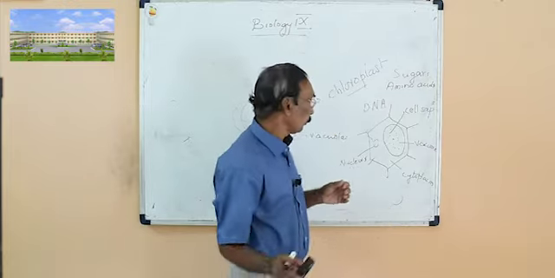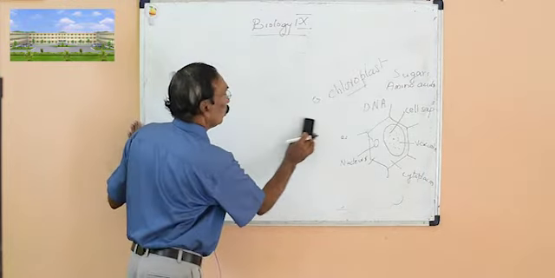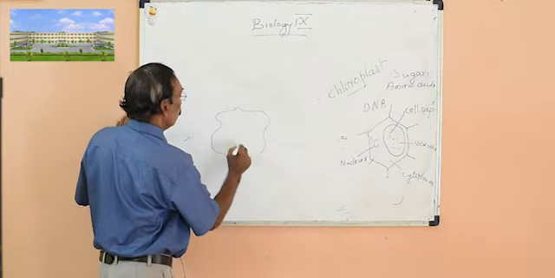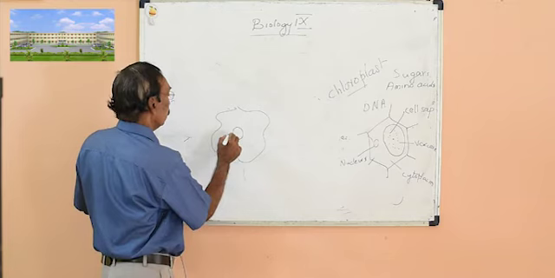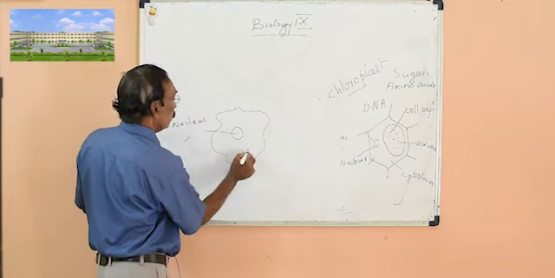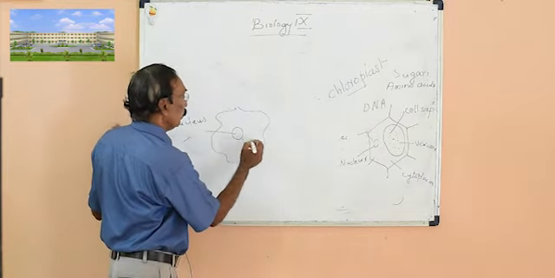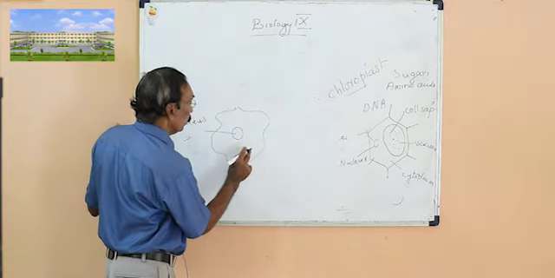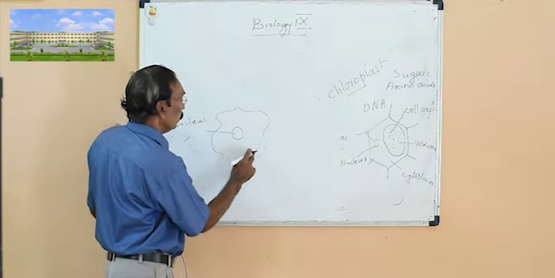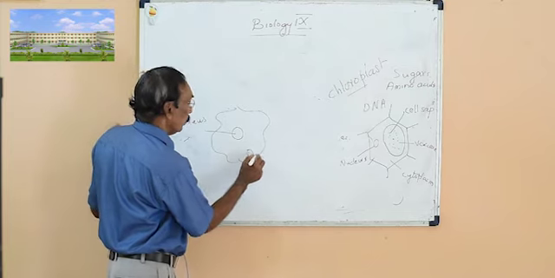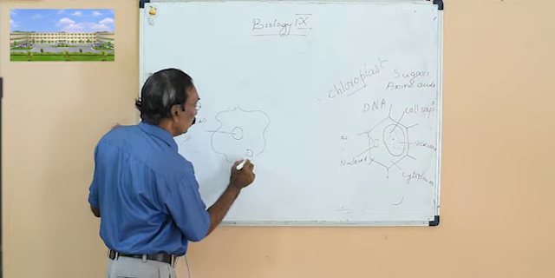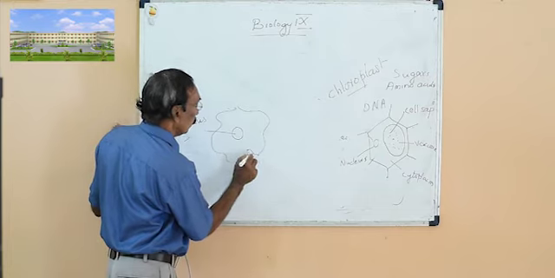Again, in amoeba, you can see vacuoles are there, but they are smaller. As more and more water enters the cell, these small vacuoles become big, slowly move to the edge of the cell, and the contents are sent out.